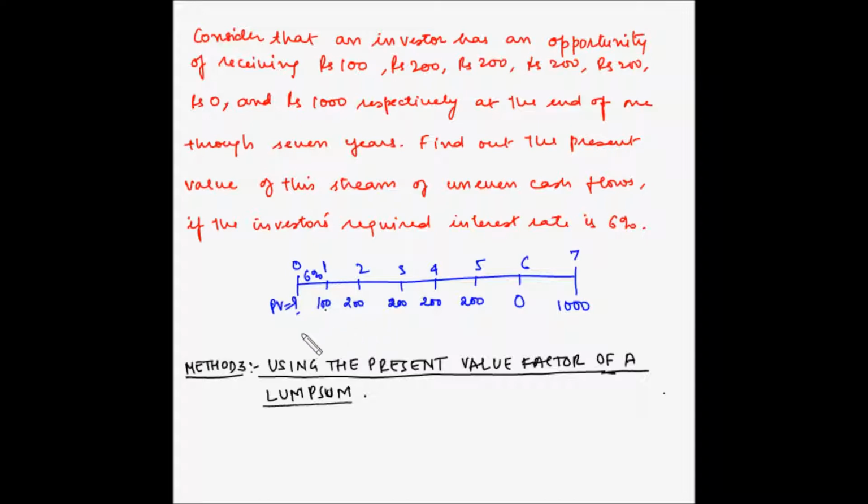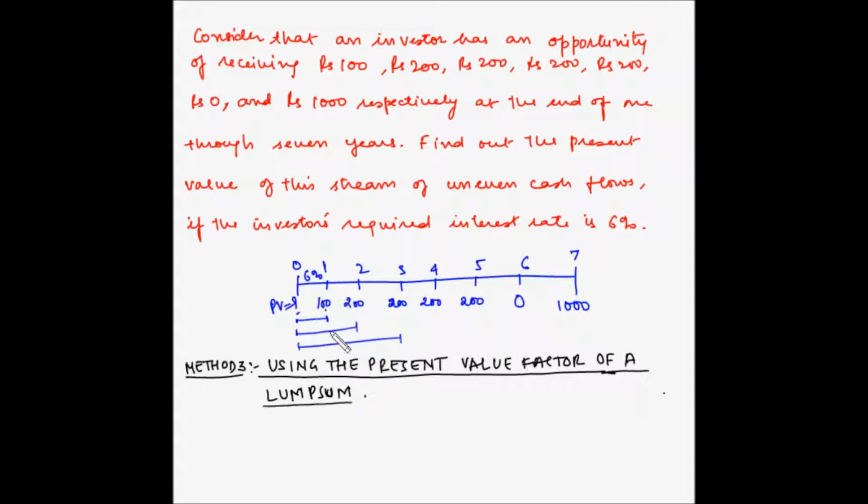So from here to here this is first, from here to here this is second, from here to here this is third, and so on. So each of these can be considered as a lump sum amount with varying values of present and future values and the tenure.